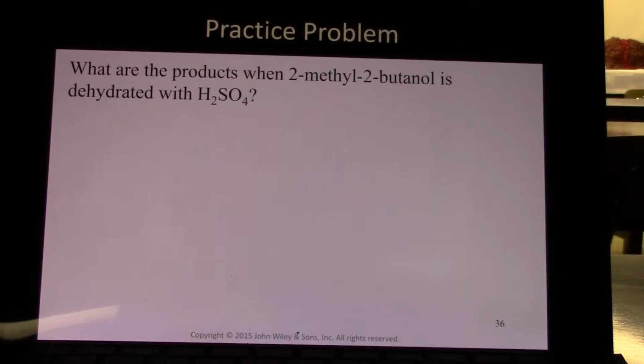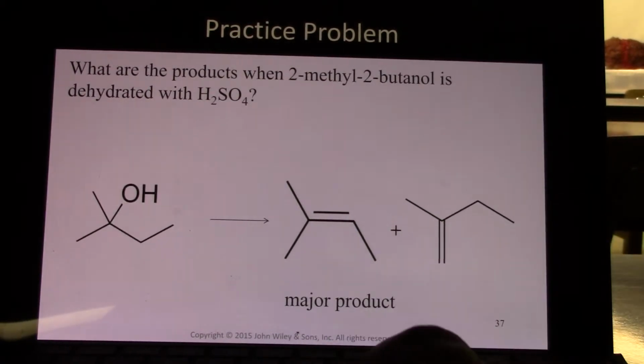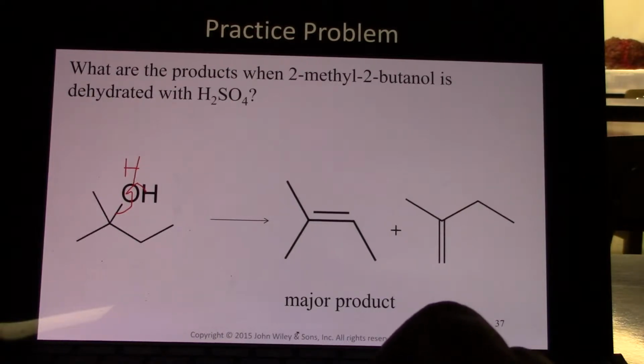So what are the products when 2-methyl-2-butanol is dehydrated with sulfuric acid? Well, again, the first step is use the acid because it protonates the alcohol group, and then water leaves, giving us this carbocation.